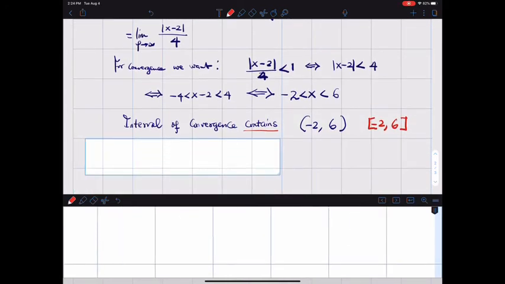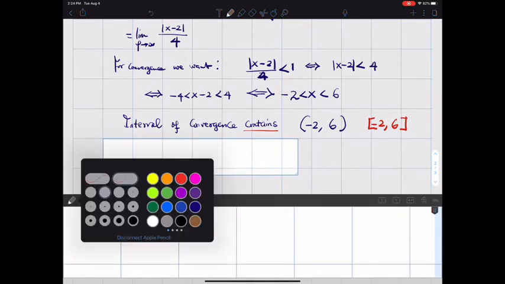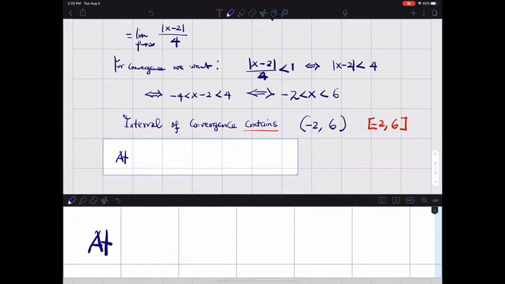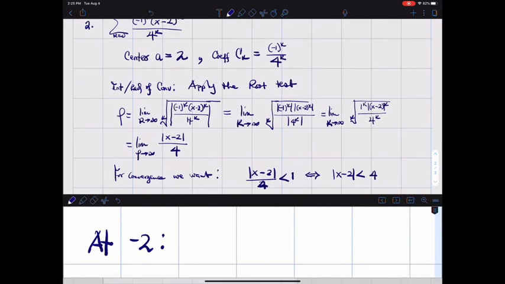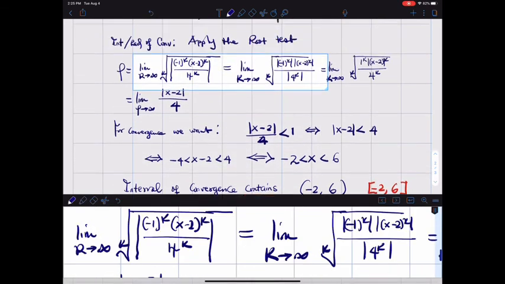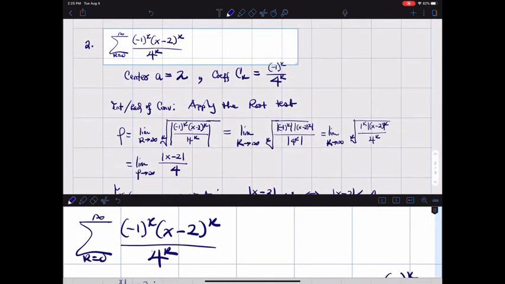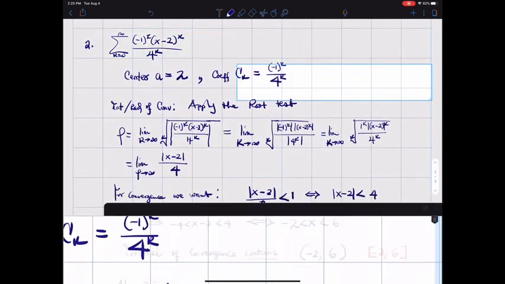How about we check at -2 and 6? That's easy to do. At -2, if we plug -2 into this power series, let's cut and paste.